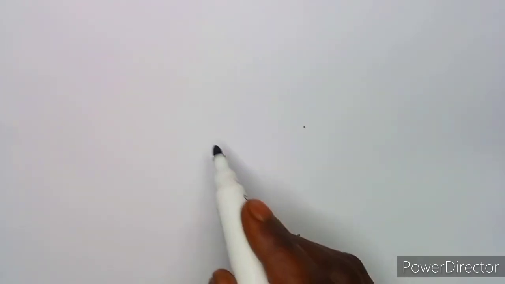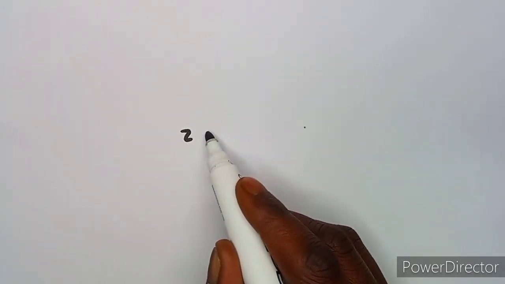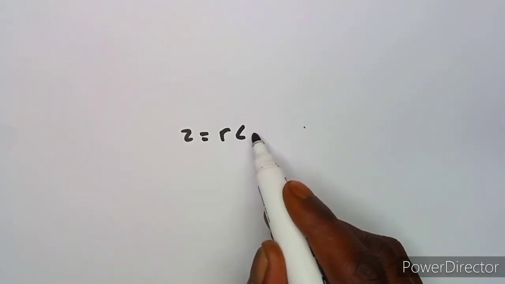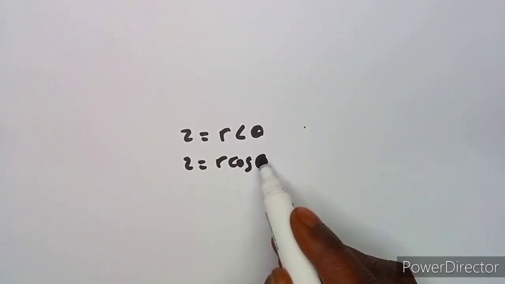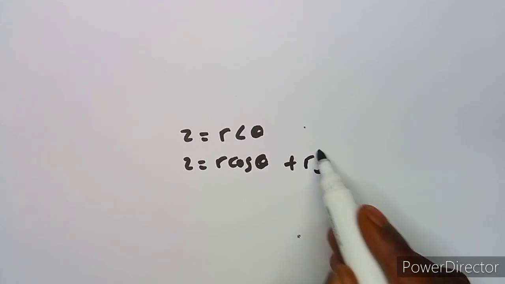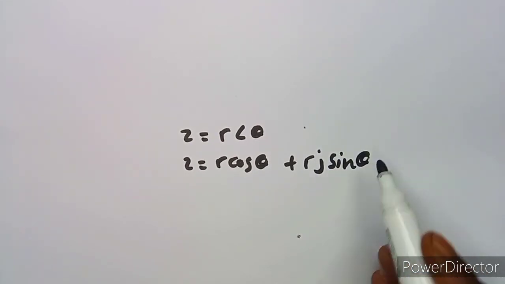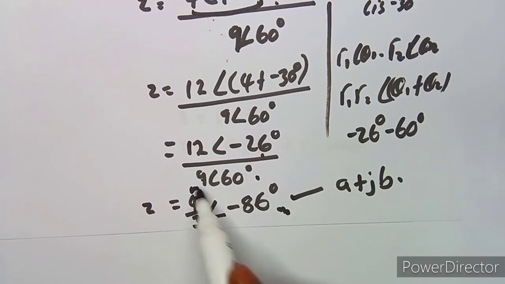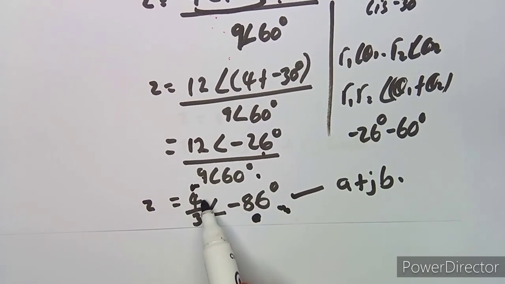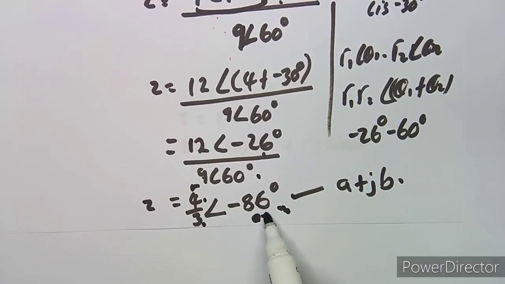So remember, how do you convert from polar form? Your z, which is equal to r angle theta, can be written as r cos theta plus rj sine theta in Cartesian form. So this is your r here, this is your theta, so it's going to be 4 over 3 cos this angle.